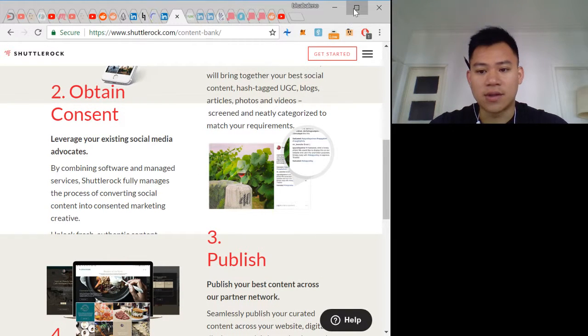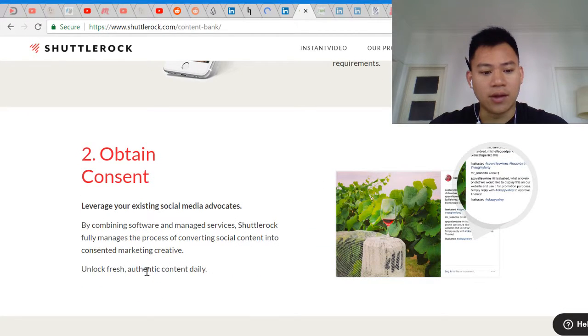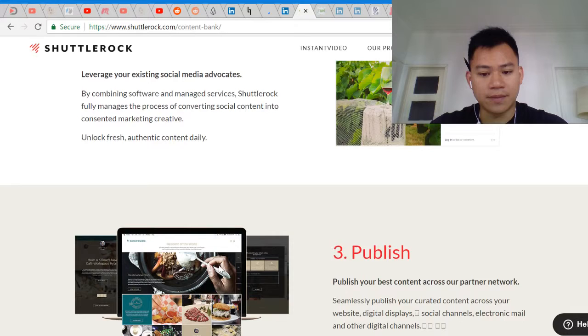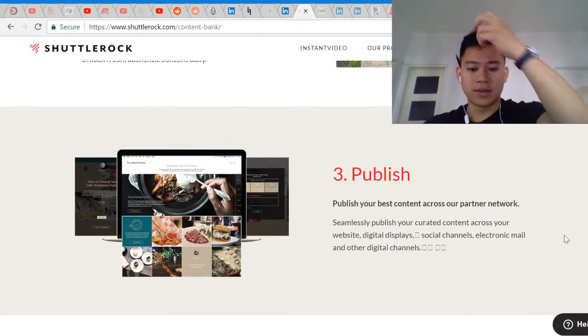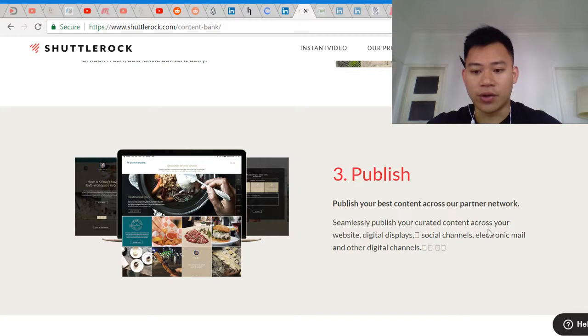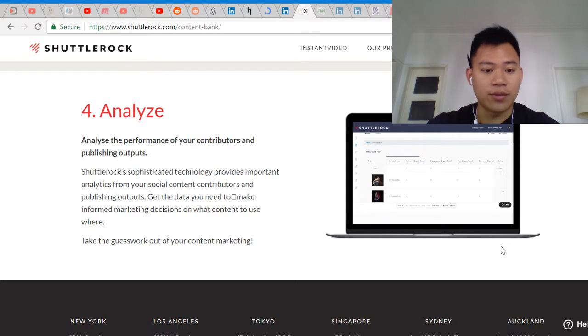Let me expand this. I think I'm missing something from these. Unlock fresh, authentic content daily. Publish your best content across our partner networks. Seamlessly publish your curated content across your website, digital display, social channels, and electronic mail and other digital channels. Then analyze the performance of contributors and published outputs. Shuttle Rock's sophisticated technology provides and so on.